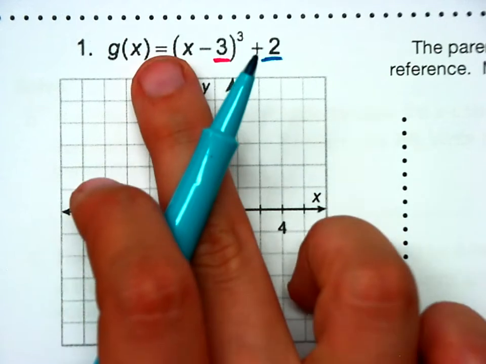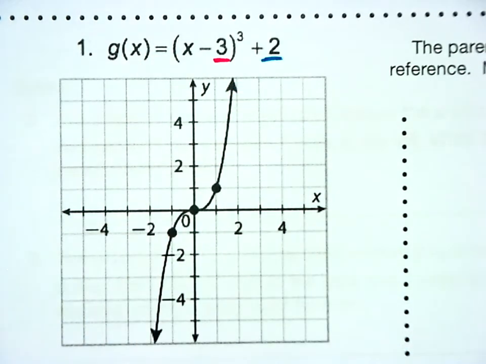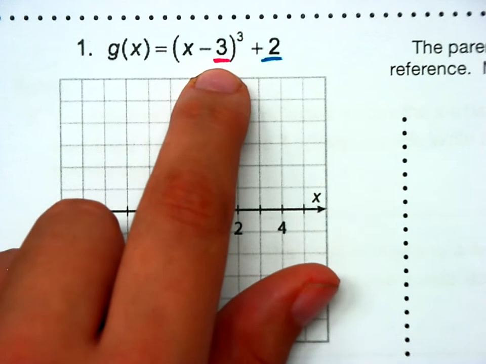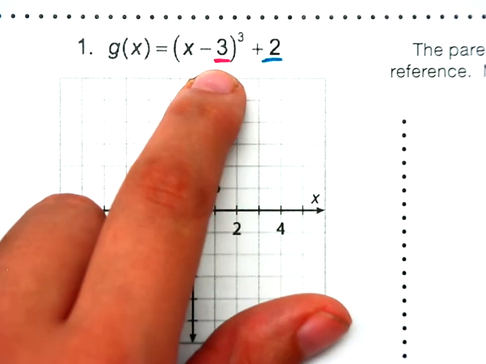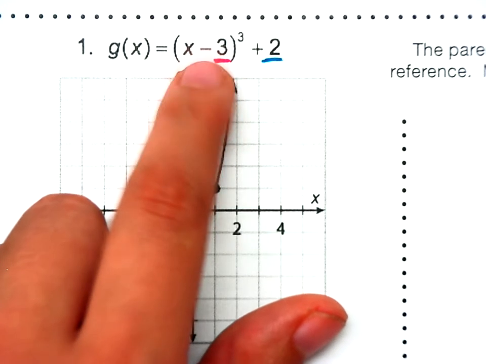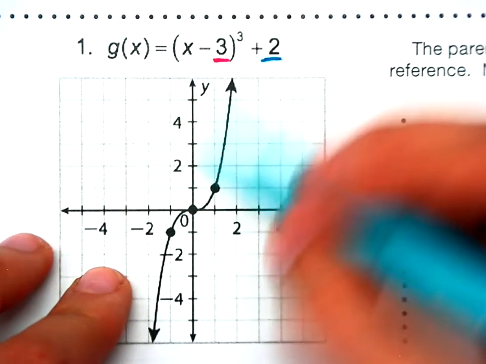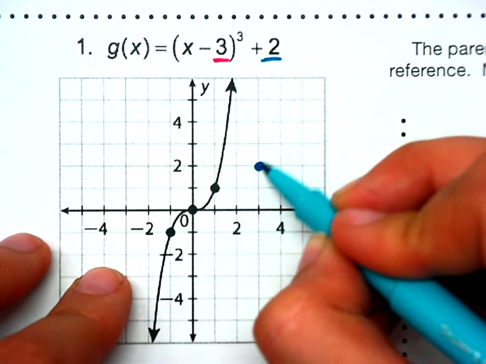Okay, so I don't see any stretch or compresses. I don't see a negative, so we're not flipping this graph. So all we're going to do is slide or translate the origin of this graph. So normally we would graph starting at 0, 0, but we're going to move to the right 3 and up 2. So 1, 2, 3, and up 2.